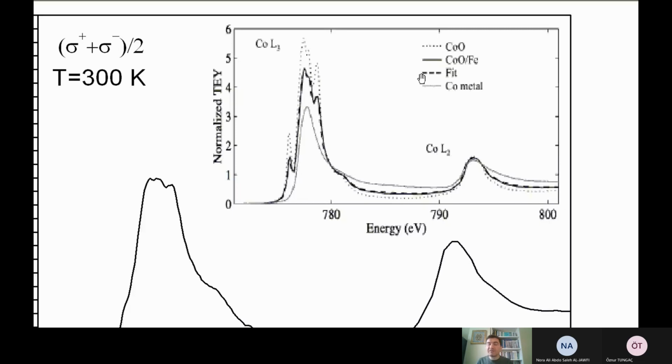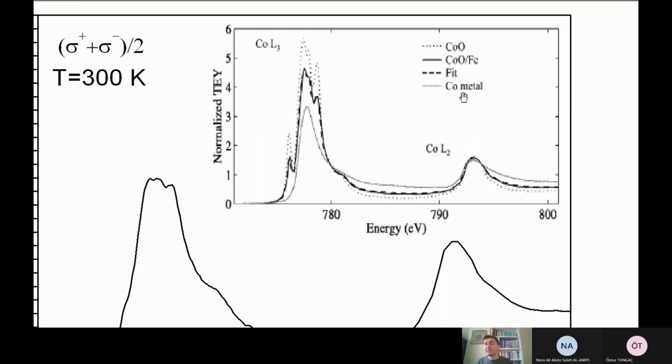And here we have a black dashed line, which is the simulation result, the fit to the cobalt oxide on iron data. You see this is the fit. And here the last one, the solid line, comes from the cobalt metal.